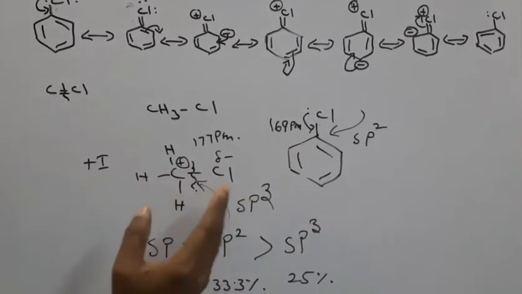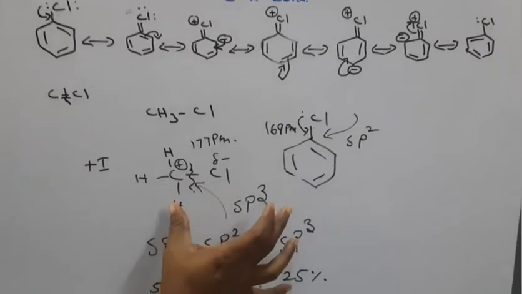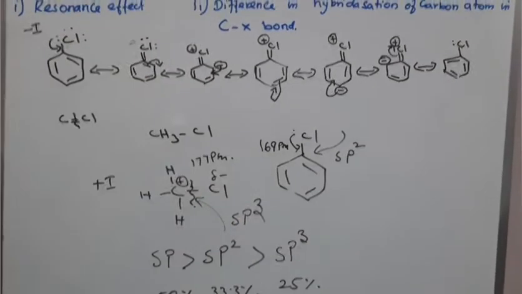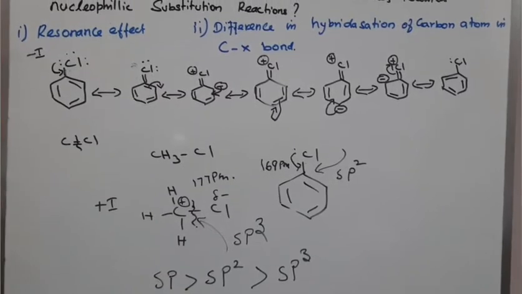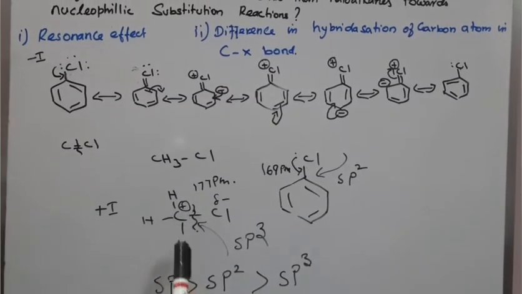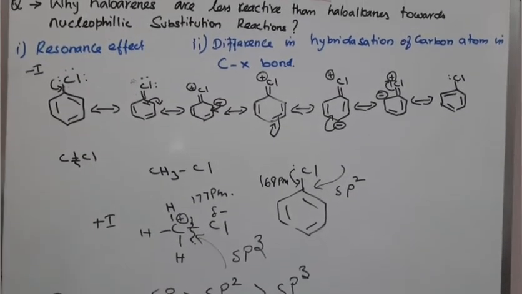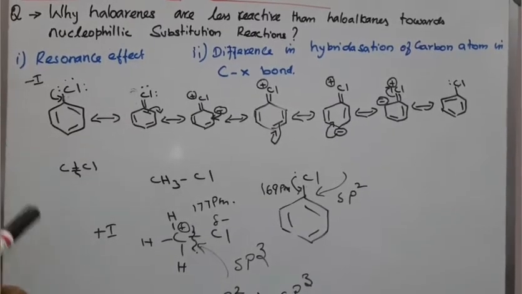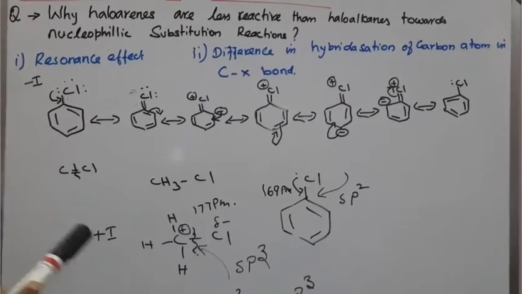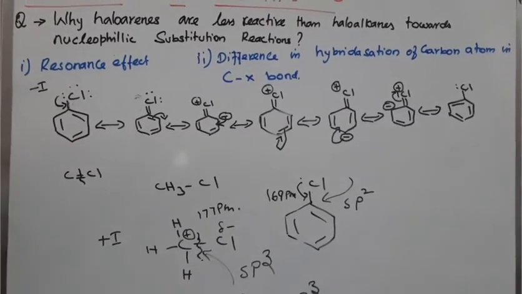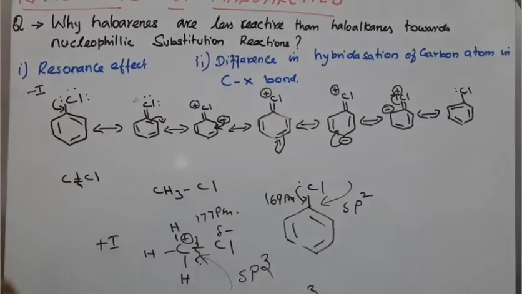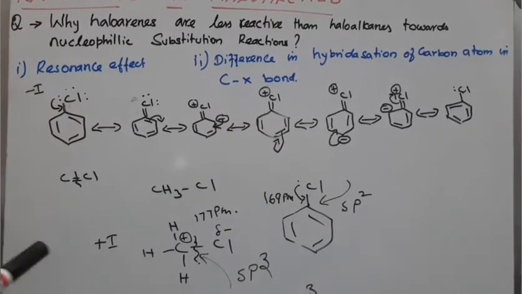So this is the reason: the difference in hybridization of the carbon atom in the C-X bond. So these are the 2 points why haloarenes are less reactive than haloalkanes: resonance and the difference in hybridization of the carbon atom in the C-X bond.